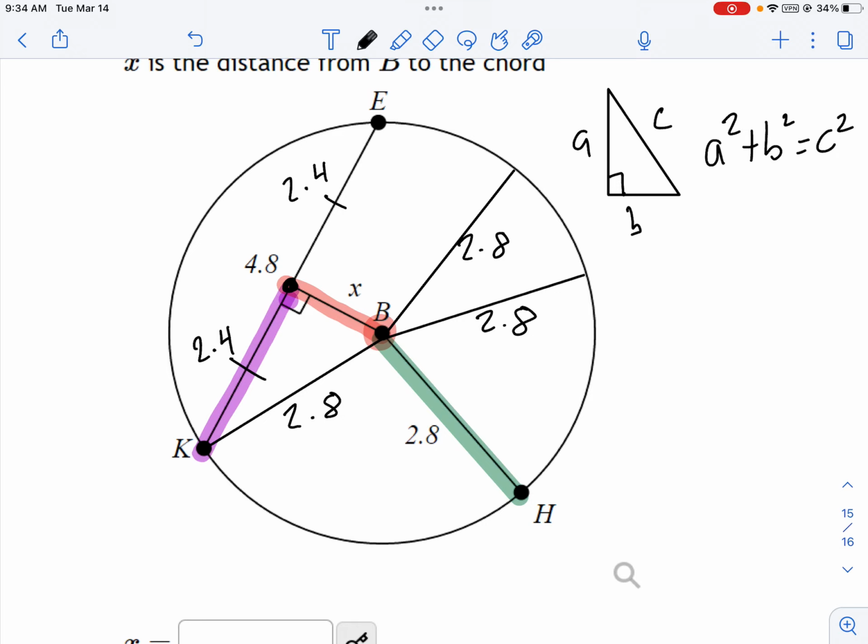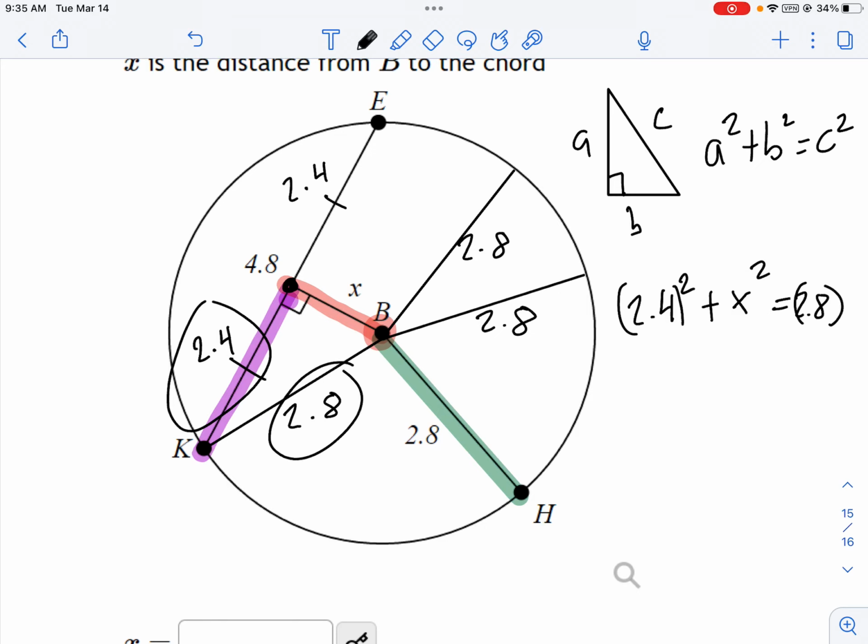And we have those values. We have one leg that's 2.4, so 2.4 squared, plus our other leg, x, what we're solving for, squared equals your hypotenuse, 2.8 squared. Now you have an equation, a relationship set up, and you can solve for x.